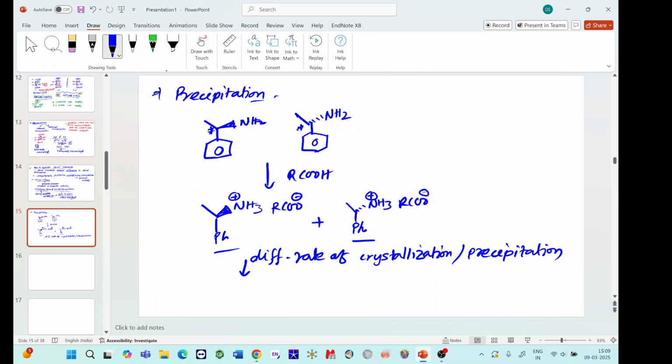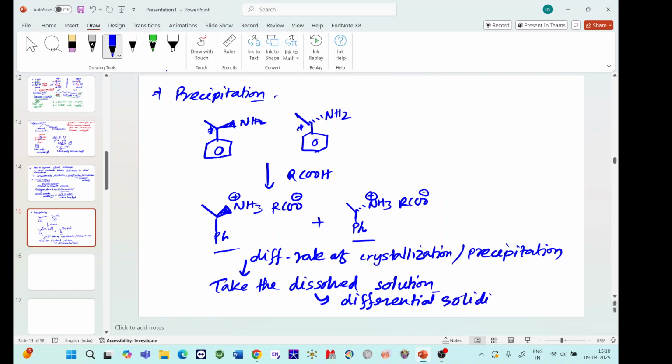So if you take the dissolved solution in a solvent, one will be crystallized, one will stay in the solution. So differential solidification, and then you can separate it.